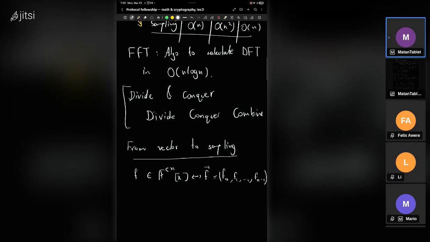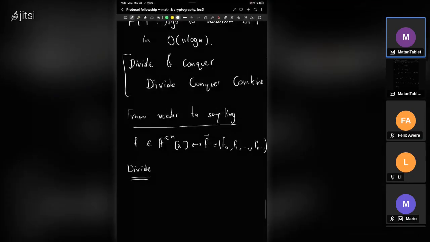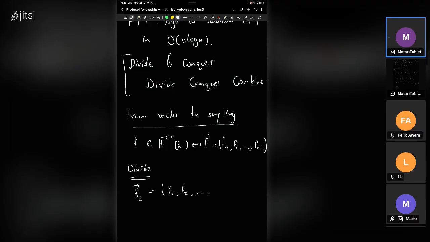And I need to do the divide. So for the divide, I take the even coefficients. So I write f even vector. This is all the guys in even places: f0, f2, up to f n minus 2.